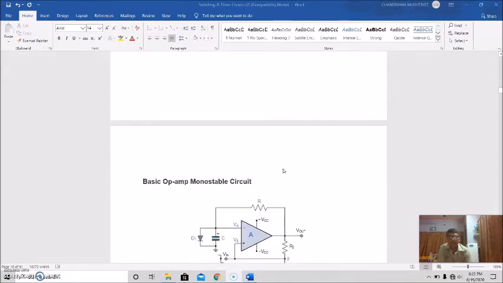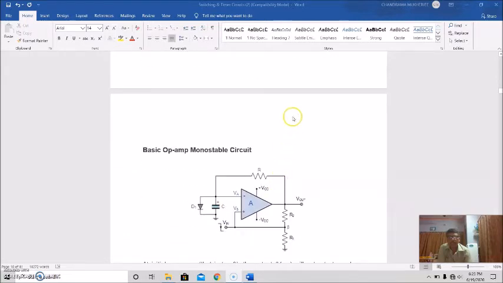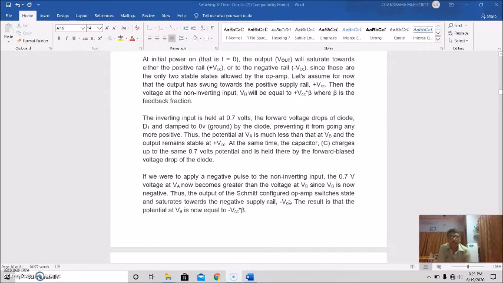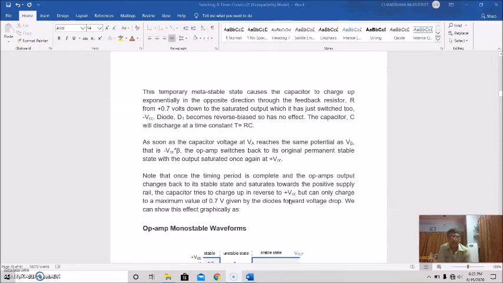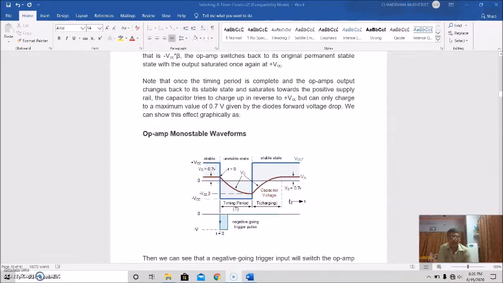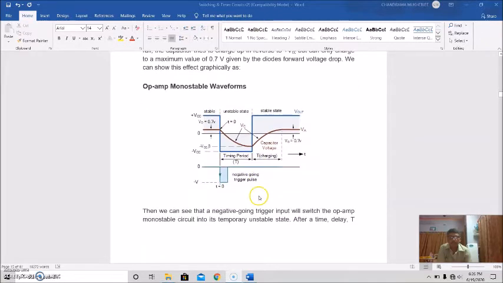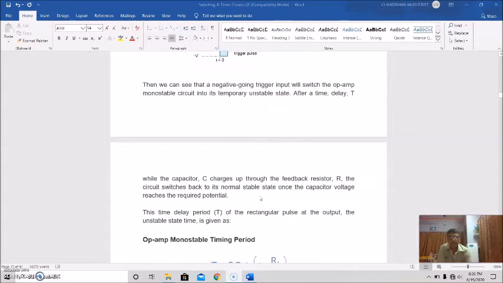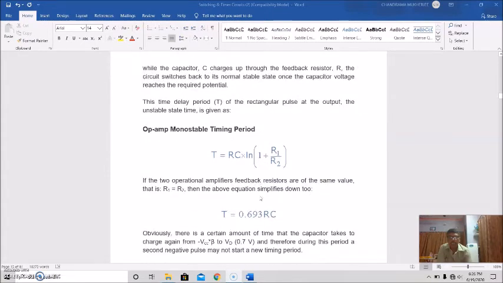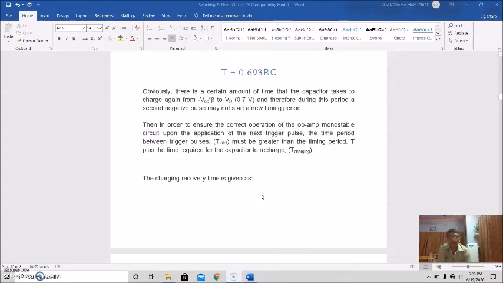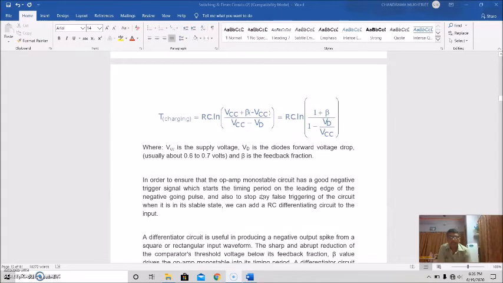With this Schmitt comparator we gave the feedback RC network here, and with that we got the monostable multivibrator waveforms. Then we discussed its timing period, recovery time, charging time, etc.